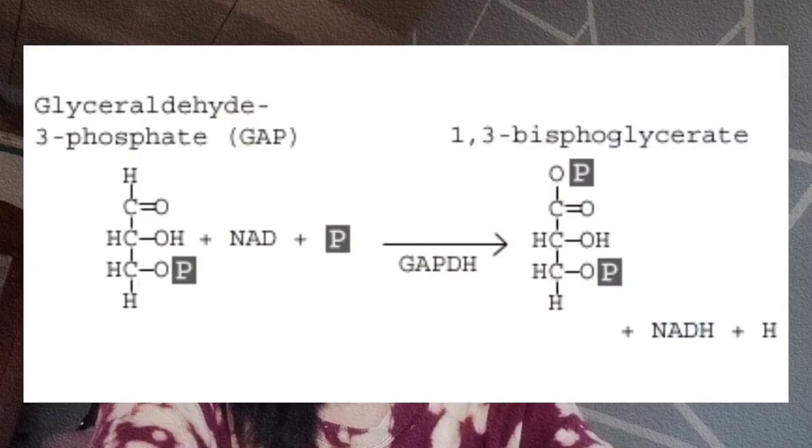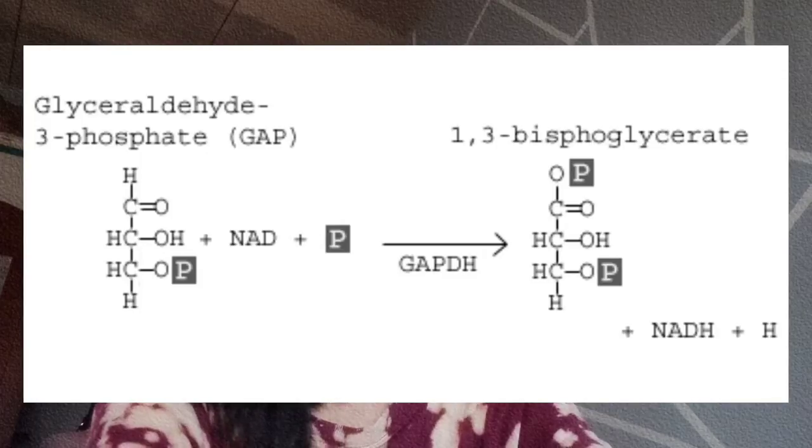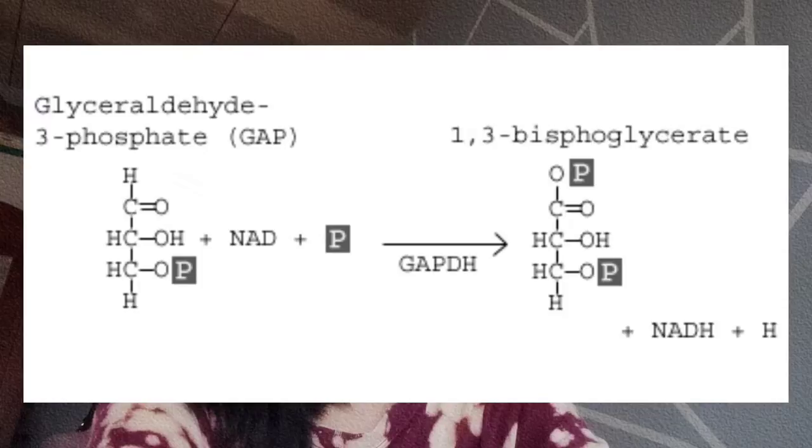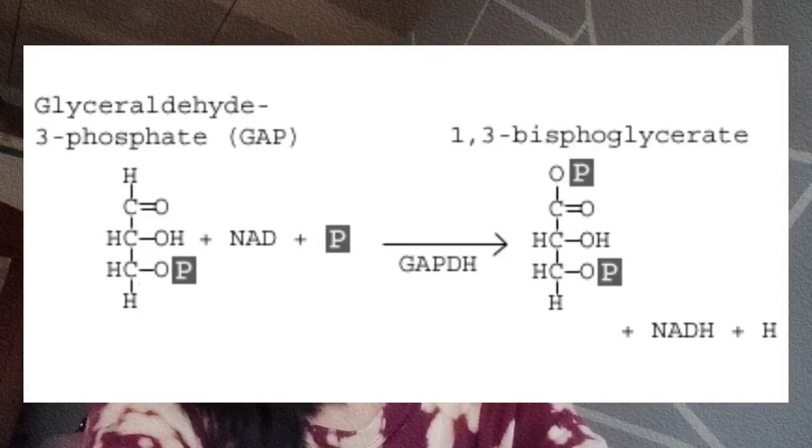Step 6, oxidation and phosphorylation using phosphate, formation of 1,3-biphosphoglycerate. An inorganic phosphate is added to glyceraldehyde triphosphate, producing 1,3-biphosphoglycerate.